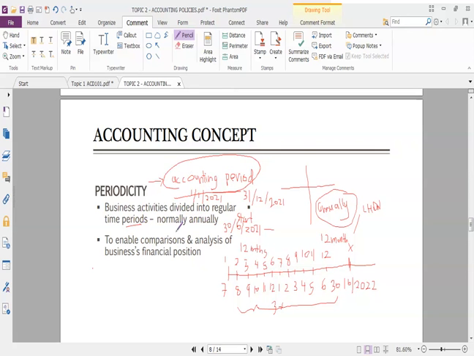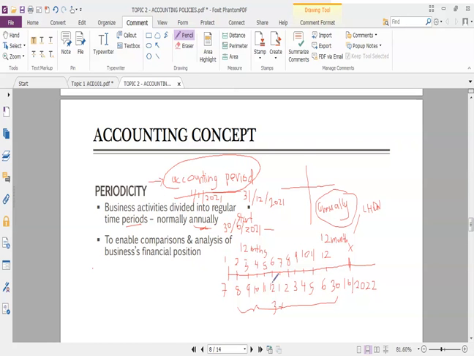Normally, all companies use annual accounting periods. So in the accounting period, you just record the amount or transactions that occur between the start of the accounting period until the end, which is 12 months.